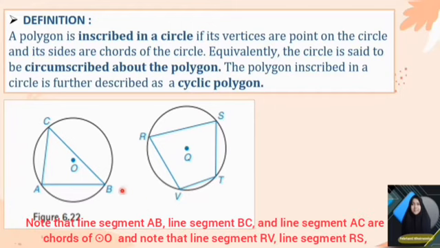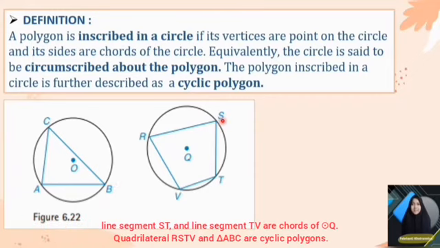Note that line segments AB, BC, and AC are chords of circle O, and that line segments RS, ST, and TV are chords of circle Q. Quadrilateral RSTV and triangle ABC are cyclic polygons.